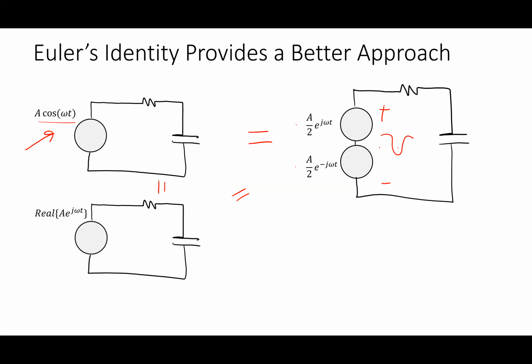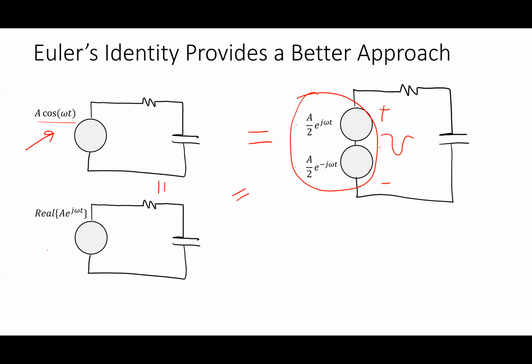In reality, if I look on the oscilloscope, I'd see a cosine. But in my mind, I can think of it as two rotating vectors. That's not what's really happening; the voltage goes up and goes down, up and down. But I can think of it this way, and that makes things a lot easier for me.